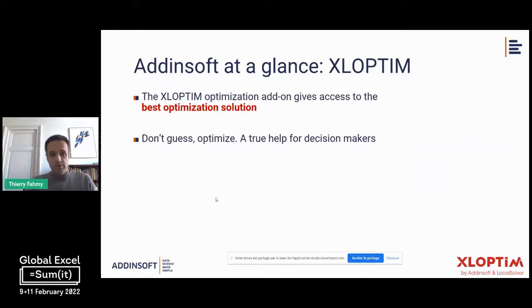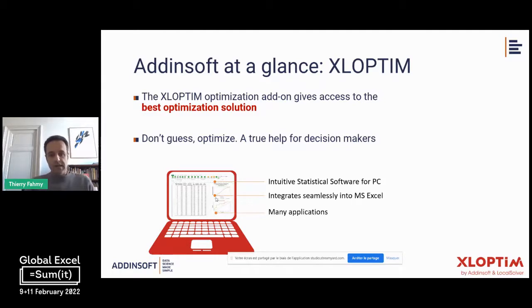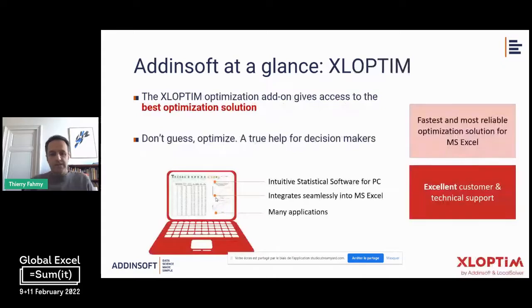We also have developed Excel Optim. It's an optimization solution. So maybe some of you know the Excel solver. The problem with the Excel solver is it's now based on a pretty old technology. And we are using the technology from another company that is Local Solver, and it's really one of the two best optimization engines in the world.